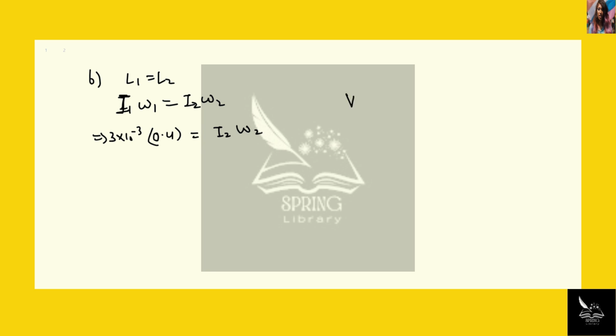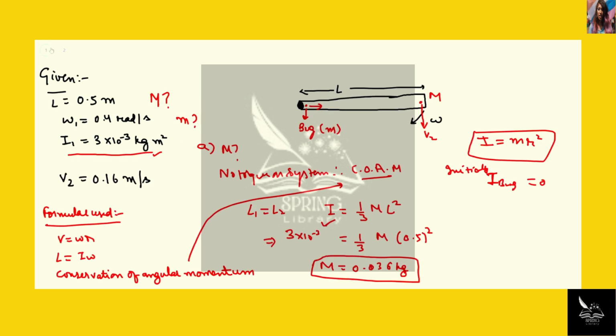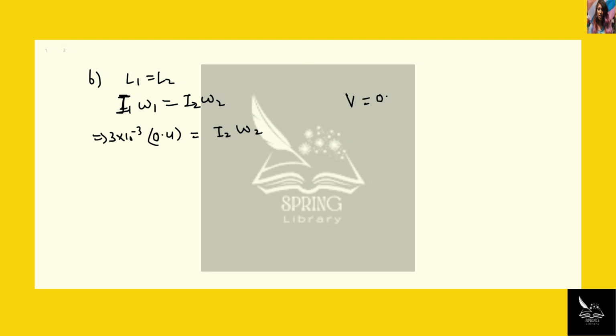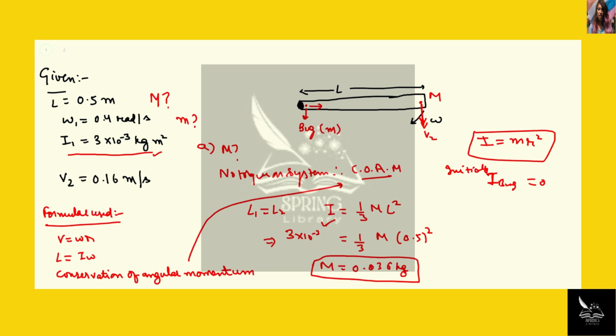We are given that the velocity of the bug at this point is 0.16 meter per second. That means the rod has the same tangential velocity. So v equals 0.16 meter per second, and v equals omega r, which is this formula here.